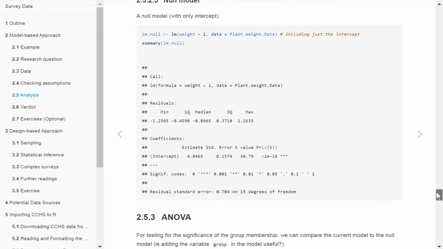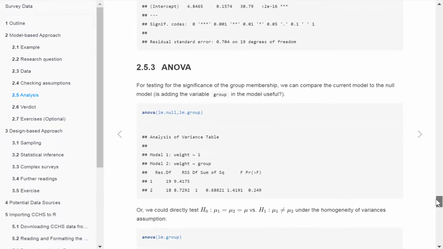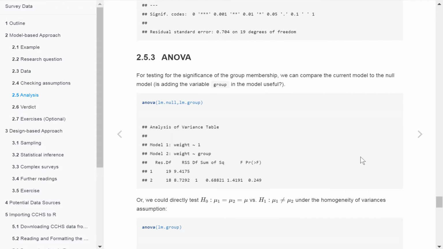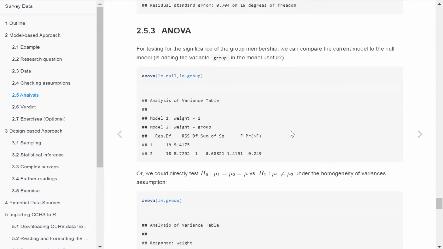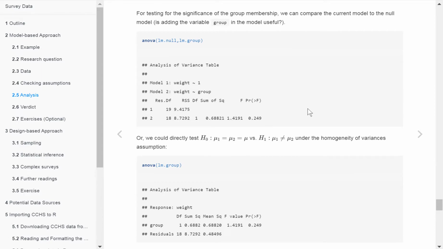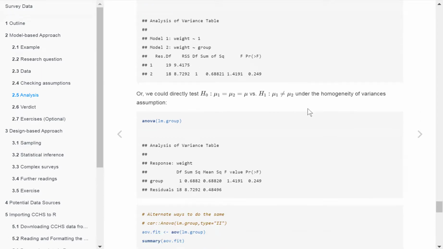Alright, and the third way that you can test this is to work with the analysis of variance, because analysis of variance is basically a generalization of the t-test that you have done earlier, and you can check based on this analysis of variance whether there is a difference in the means, right?